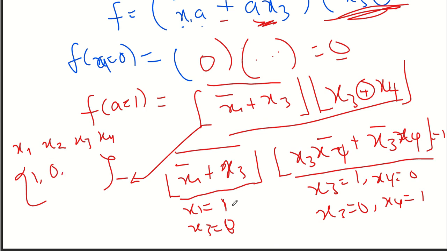Now x3 is 0 according to this one. And x4 is what? When x3 is 0, x4 must be 1. Okay, do you get it? Yes, so that's the Boolean difference.